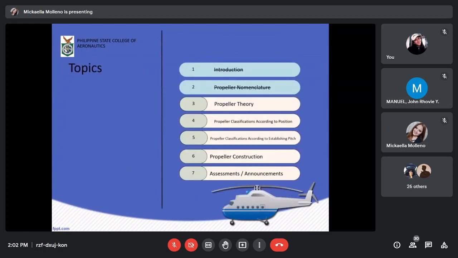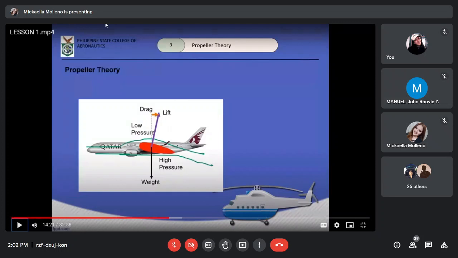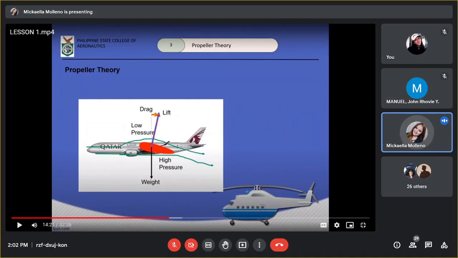Okay, so now we move on to propeller theory. So we have here an example for fixed wing since, okay, familiar naman ba yung not the specific photo pero familiar sa idea ng lift generation, right?